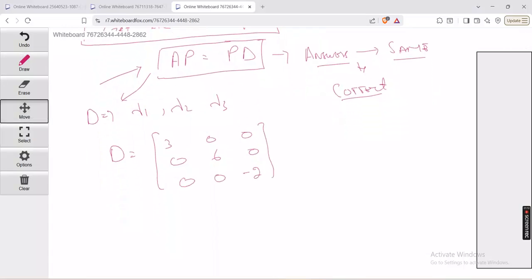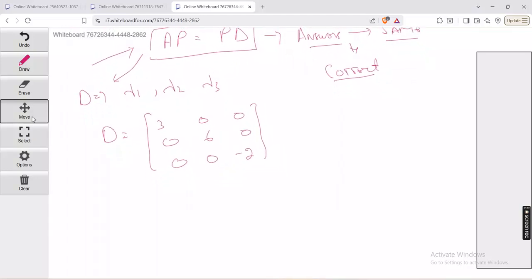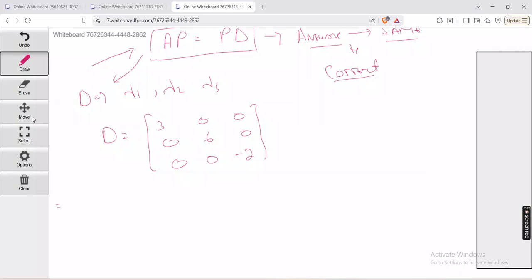Okay, now let's prove this. AP, A was your main matrix which was given to you, which is 1, 1, 3, 1, 5, 1, 3, 1, 1, and now you have another matrix P. P is the same matrix you get from the eigenvectors: 1, -1, 1, 1, 2, 1, -1, 0, 1.